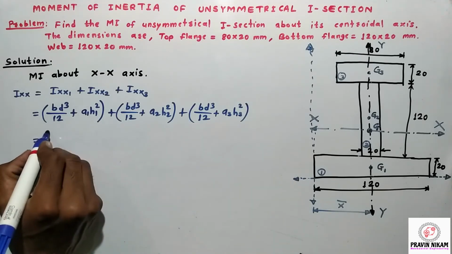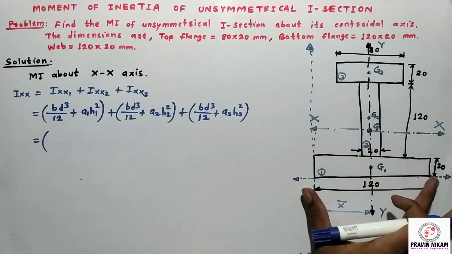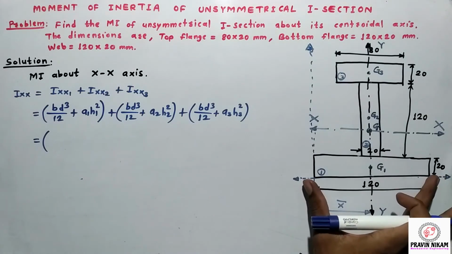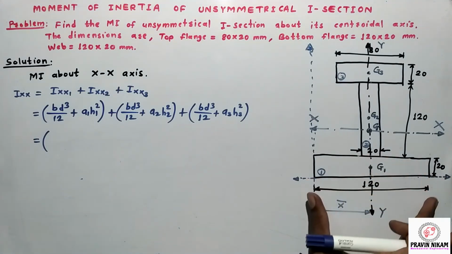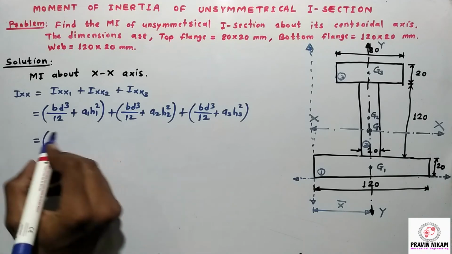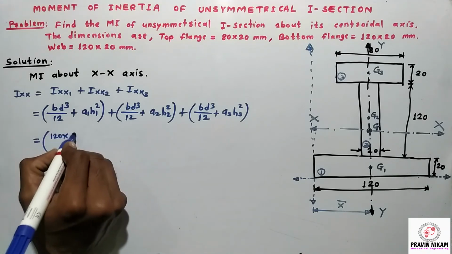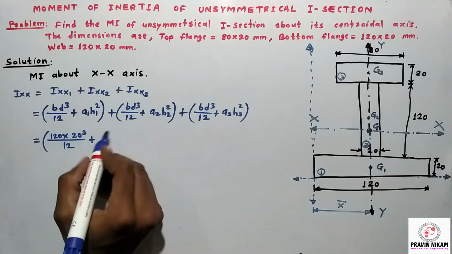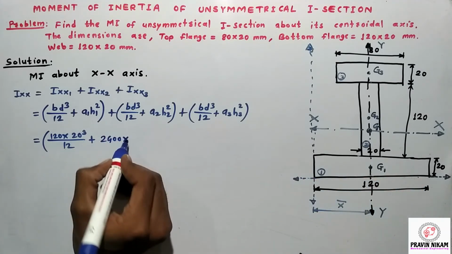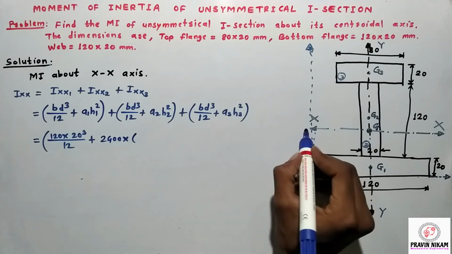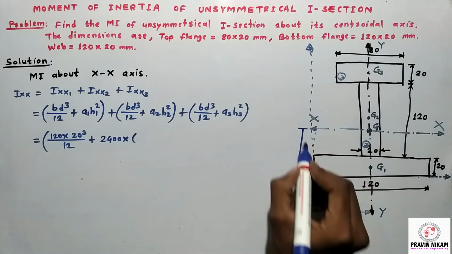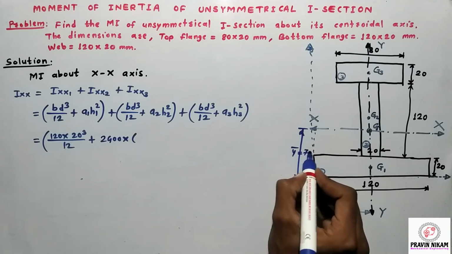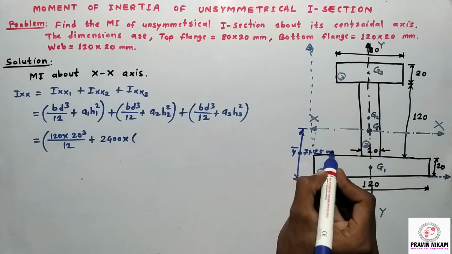Now what is B for section 1? Forget the other two sections, only consider section 1. B for this section is 120, D is 20. So 120 into 20 cube divided by 12 plus A1, 2400, into H1. What is H1? This is Y bar, so Y bar is equal to 71.25 mm.